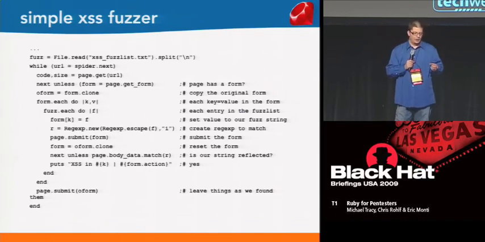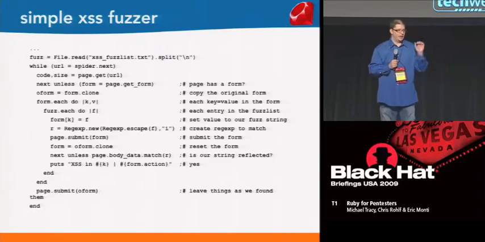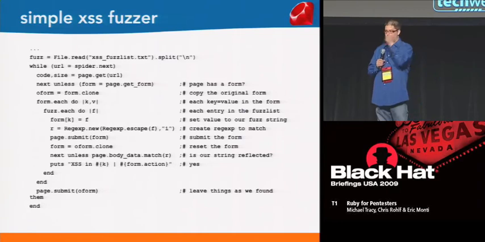While we're getting URLs from the spider, we're going to get the page and check to see if the page has a form. We're not fuzzing GET parameters here, just forms. So if the page has a form, then for each element in the form, for each element in the fuzz list, we are going to create a regular expression for that fuzz string.